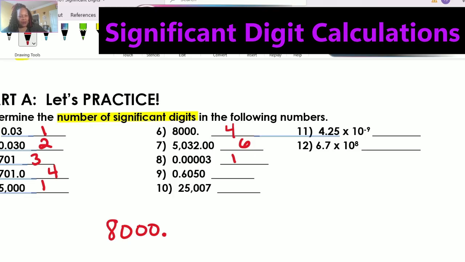Yep, that's correct. All right, good job, guys. Number 9. Yep, 4 is also correct. Okay, number 10.